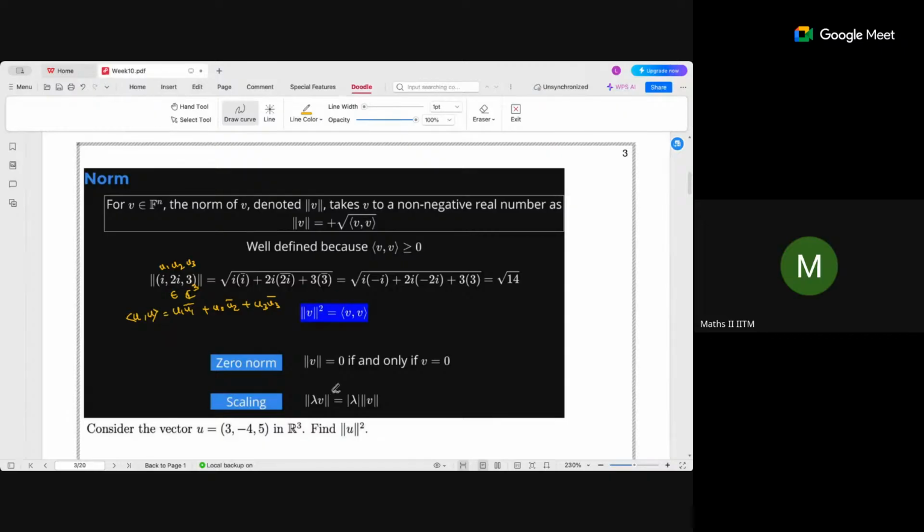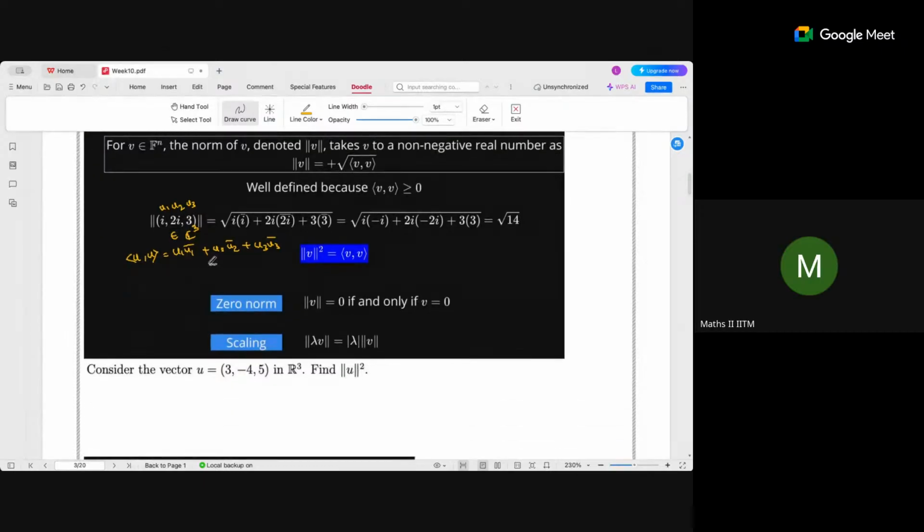Remember, norm is always non-negative. Because it is non-negative, whenever a scalar comes out, it comes out with a modulus.